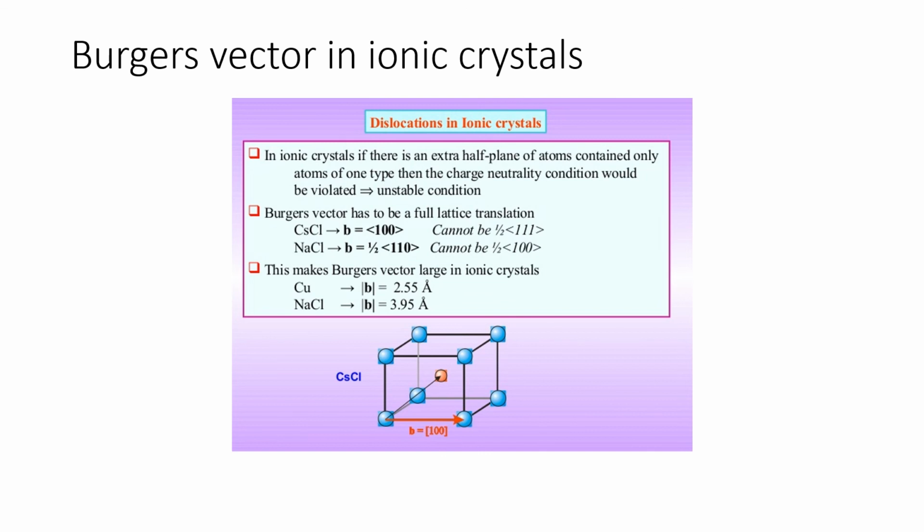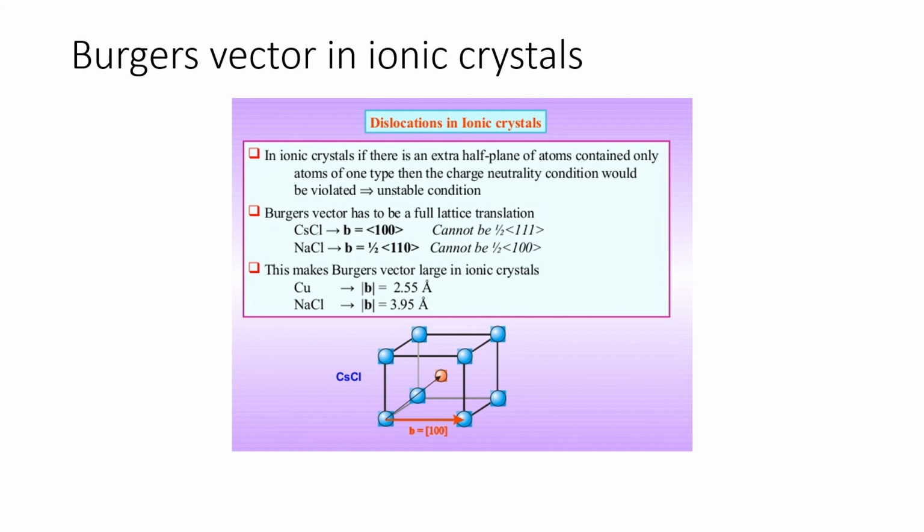The crystal as a whole has to be electrically neutral, so that charge neutrality would be violated. If an extra half plane of atoms contained only atoms of one type, the charge neutrality condition would be violated. So that is an unstable condition. That is why these examples are selected here. In cesium chloride, if we take half of 111 direction, that will make it lose charge neutrality.